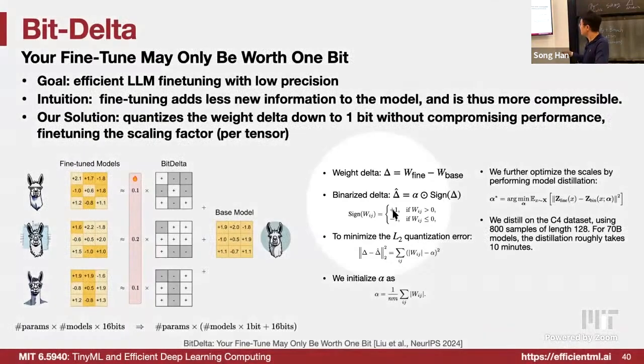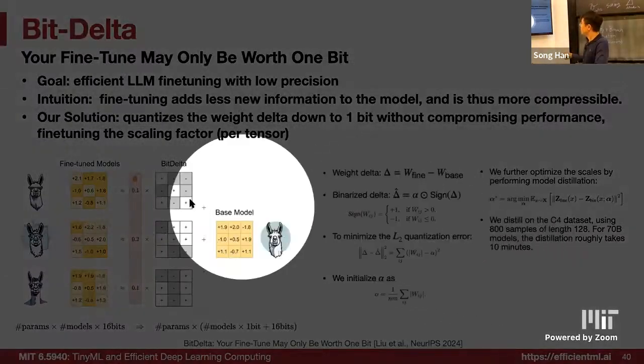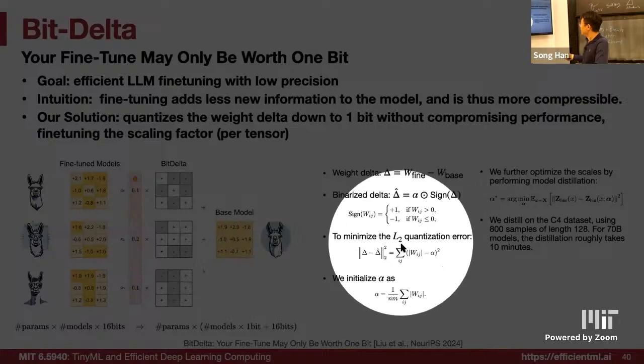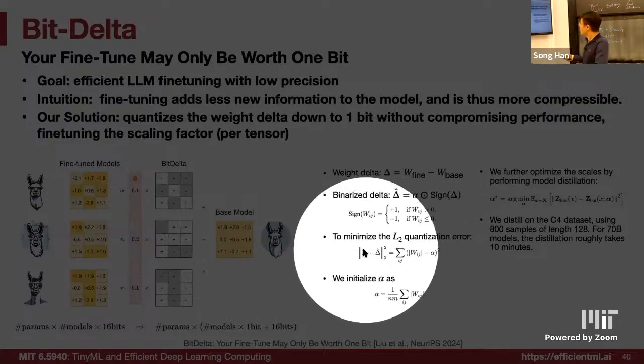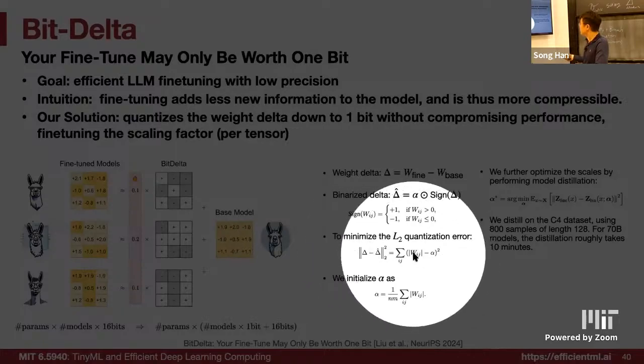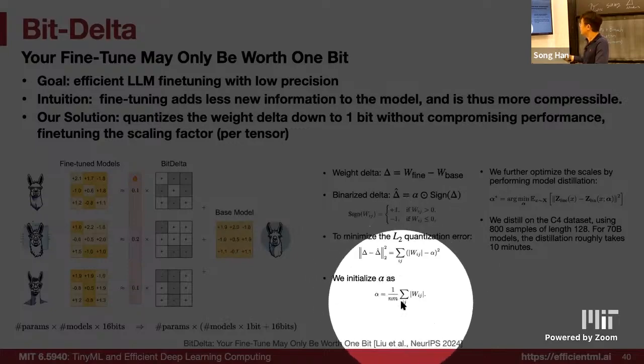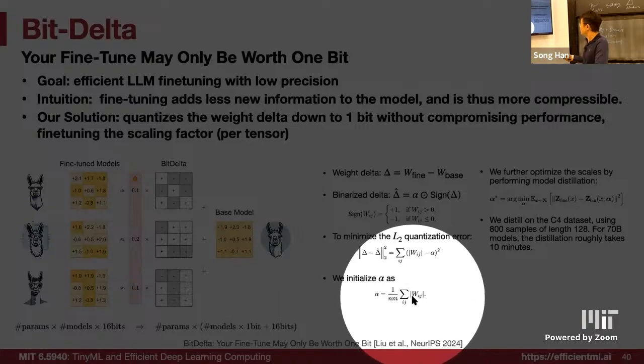To minimize the quantization error, since we have alpha, which is a scaling factor right here, we want to minimize the difference between these weight deltas, the single-bit version versus the full-precision version. And we initialize alpha as the average. So we have an n by m matrix, and this is the sum of the original deltas.